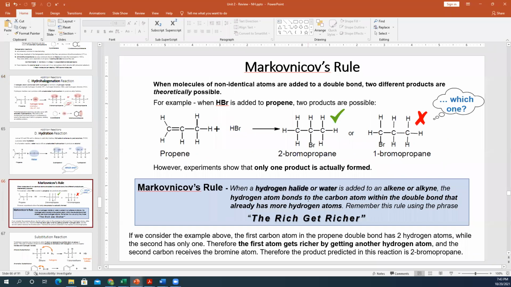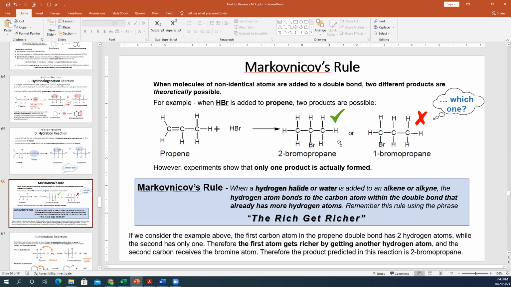And the rule here, if you remember, was rich gets richer. So the hydrogen atom goes to the carbon atom within the double bond that already has more hydrogens on it. So it won't go to this one, it'll go to this one.